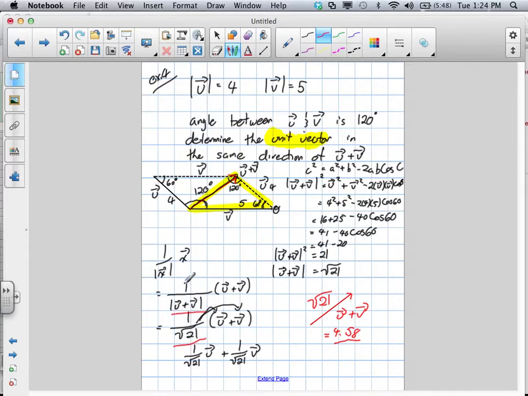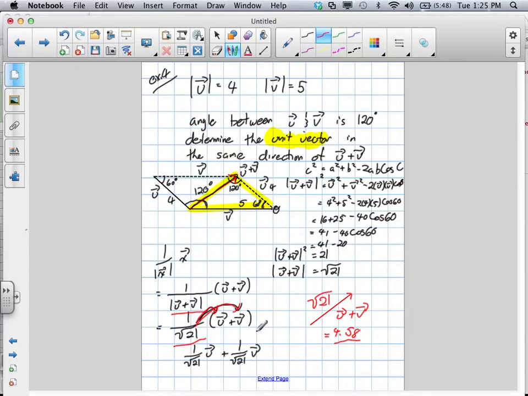That's what we've done here. We put 1 over the magnitude of that vector, which is root 21, and then we distributed it to the vectors u and v. So in order to find a unit vector of u plus v, we needed 1 over root 21 u, plus 1 over root 21 v.